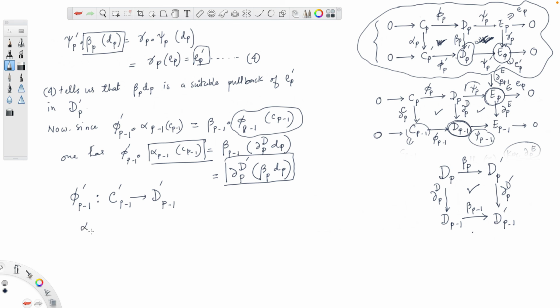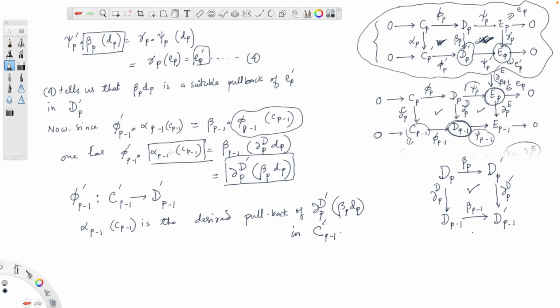So this is what I'm writing now. Alpha_{p-1} c_{p-1} is the desired pullback of del_p d prime beta_p d_p in C prime_{p-1}, because this is an element in C prime_{p-1}.